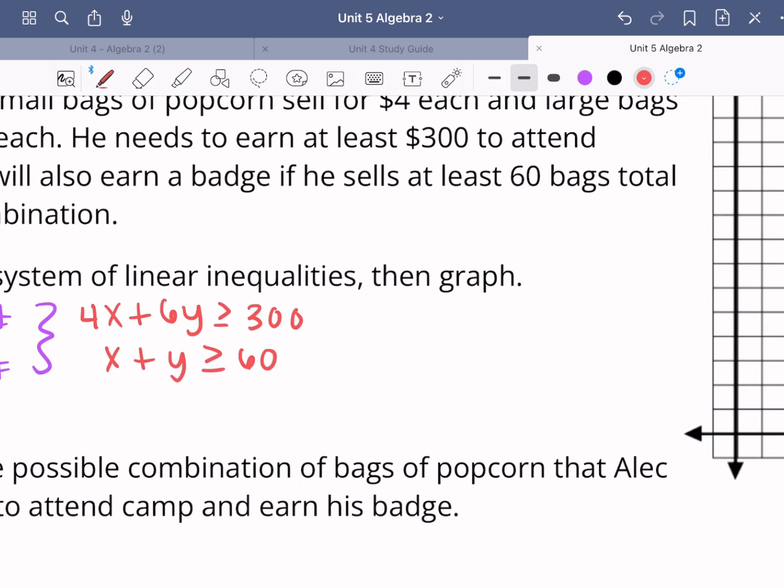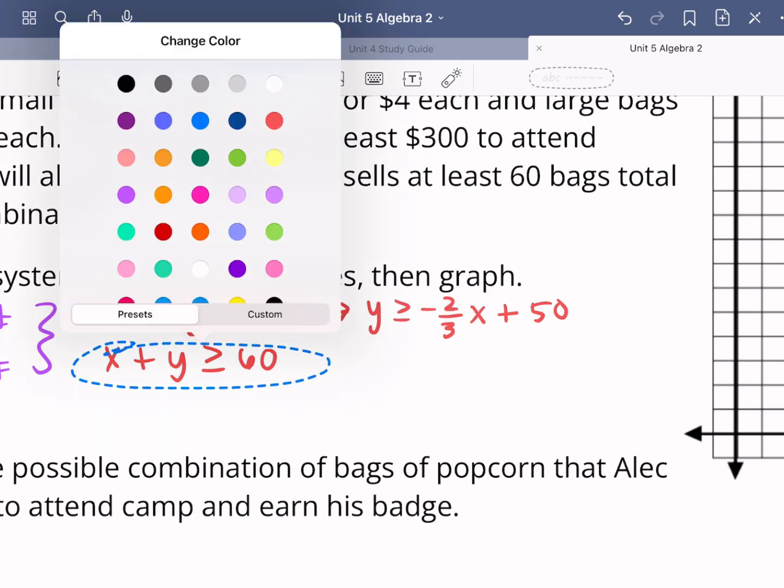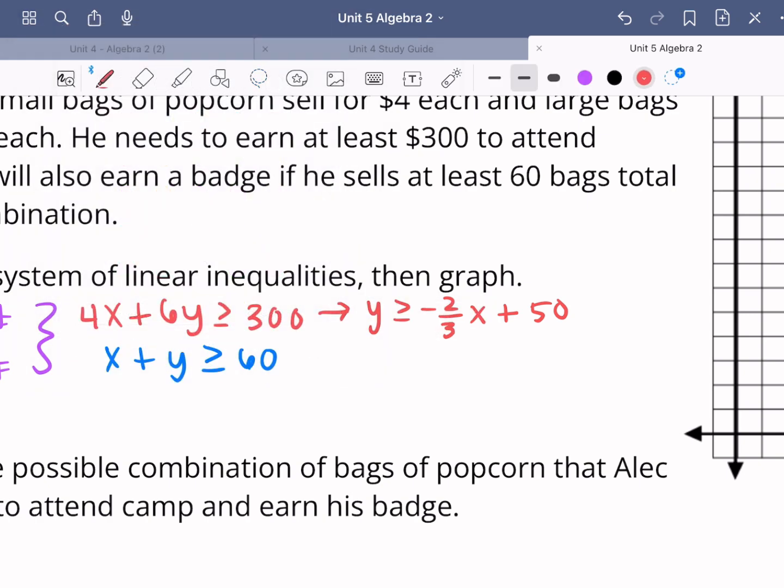So if I were to solve these for y, this first one, if I subtract 4x from both sides, I end up getting y is greater than or equal to negative 2/3 x plus 50. For the second equation, if I solve that for y, I would simply be moving the x to the other side.